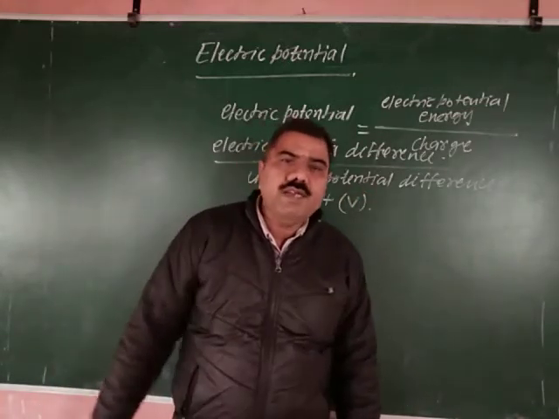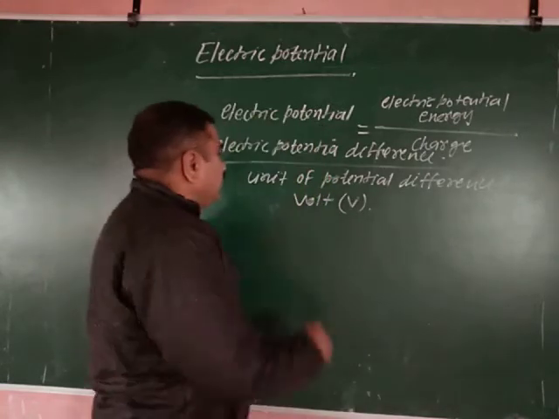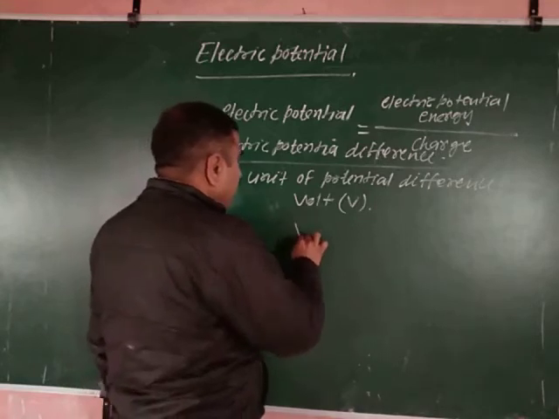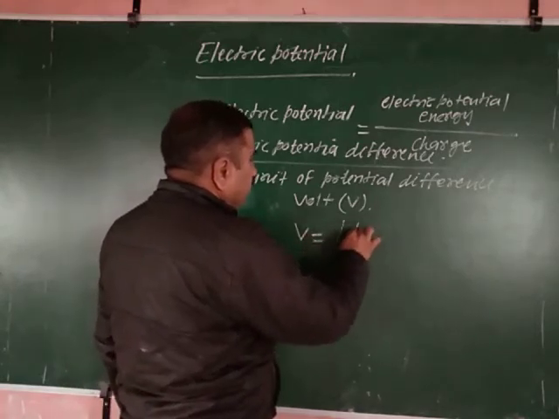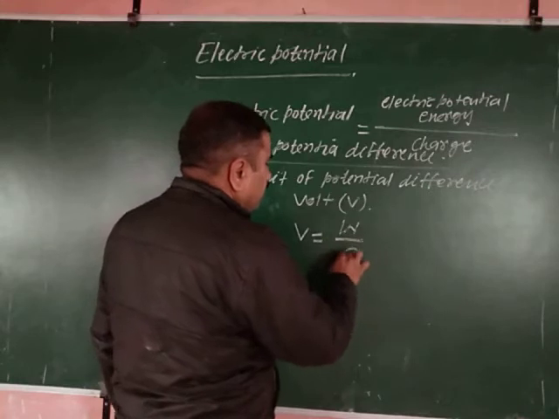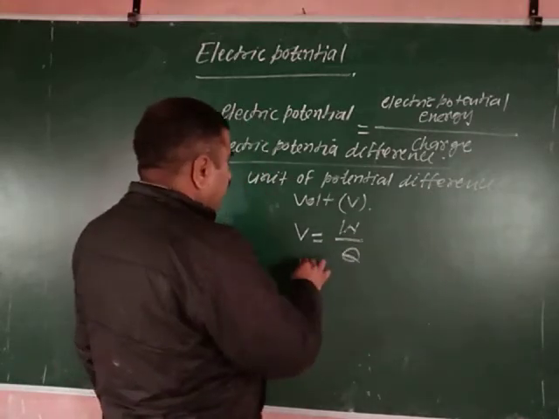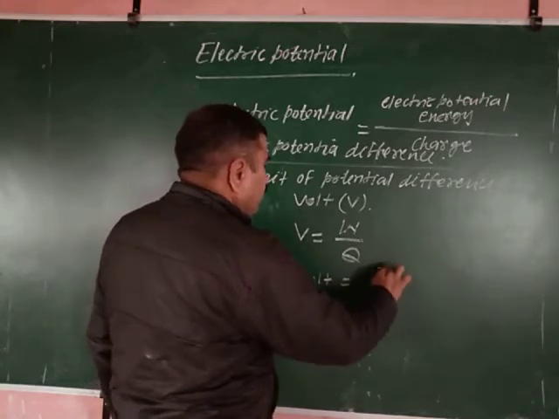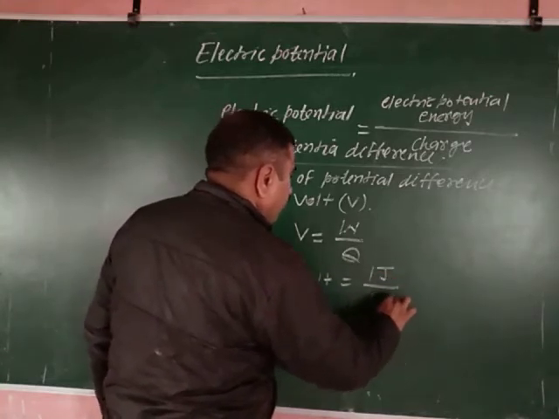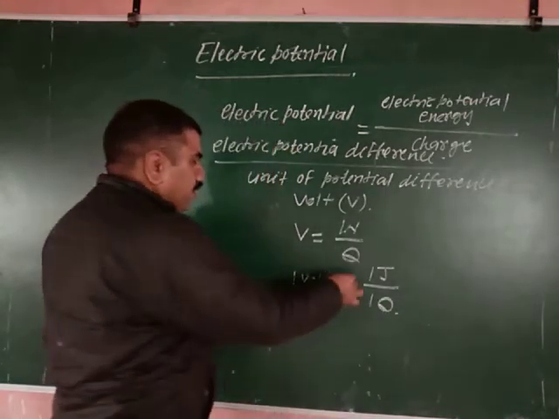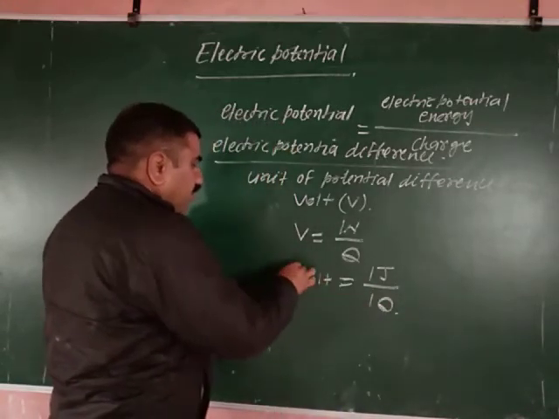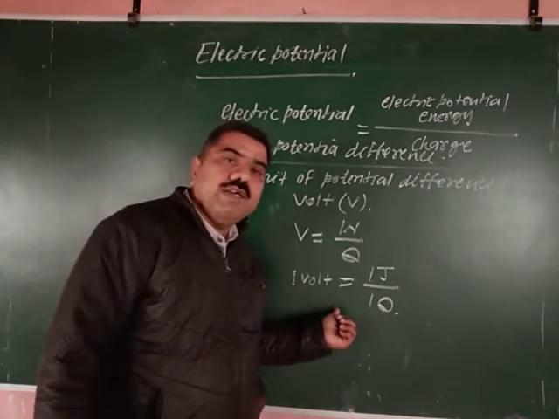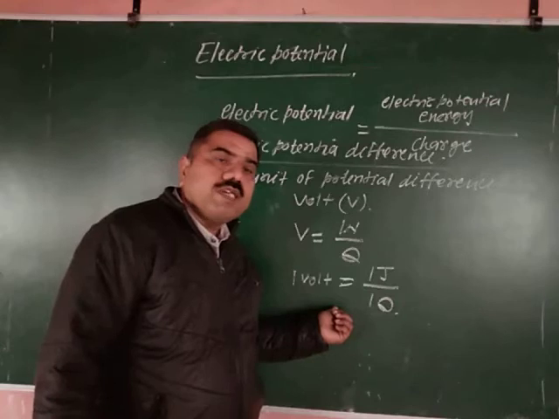Now we will define the unit of potential difference. According to the definition of potential difference, V equal to W upon Q. Then 1 volt equal to 1 joule upon 1 coulomb. With the help of this expression, we can define the unit of potential difference.